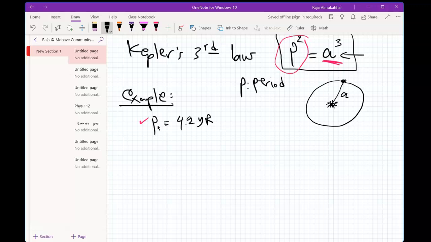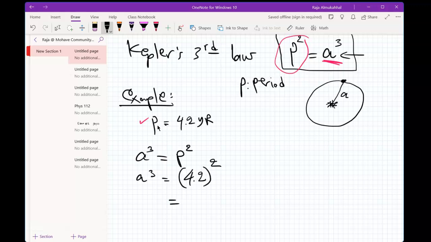All you do is simply plug it in immediately. I'm solving for A, so it's going to be A cubed equals P squared. I haven't done anything yet. The P is equal to 4.2, so it's 4.2 quantity squared equals A cubed.